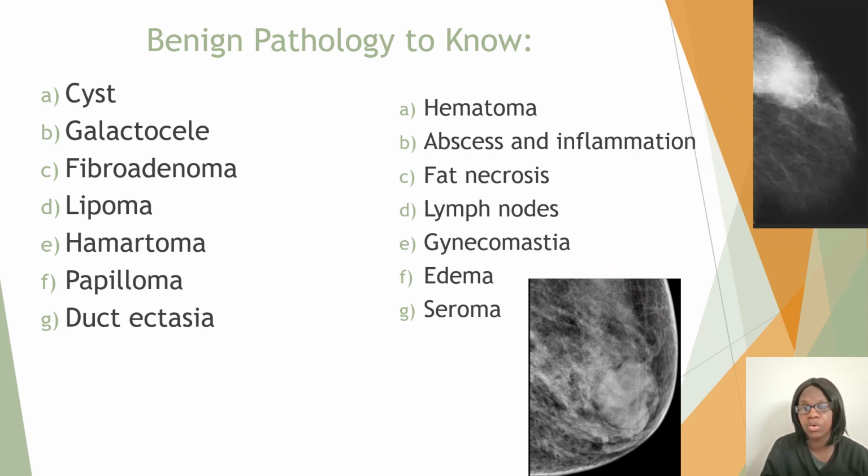For your cysts, know what age range you'll see these: 30s, 40s, any age, but most commonly which age you will see this. And then you have your lipomas, hamartomas, papillomas, hematomas, edema, seroma.